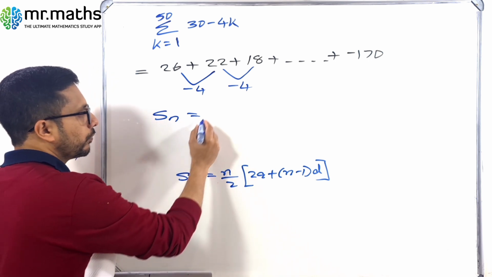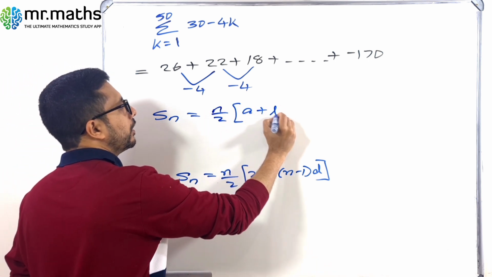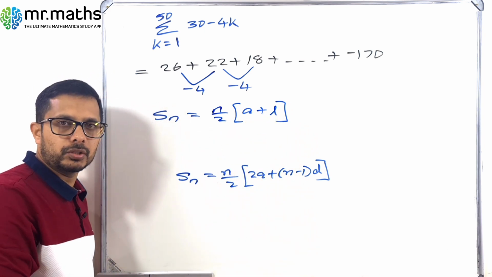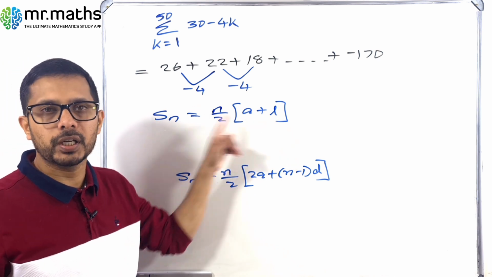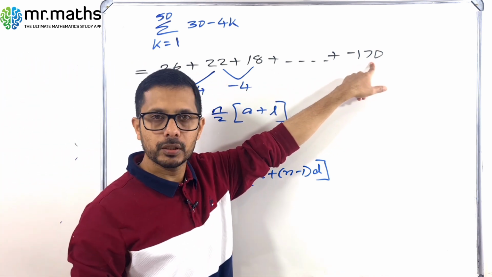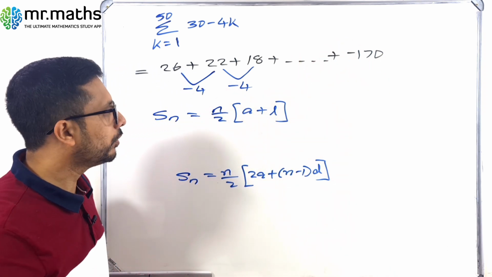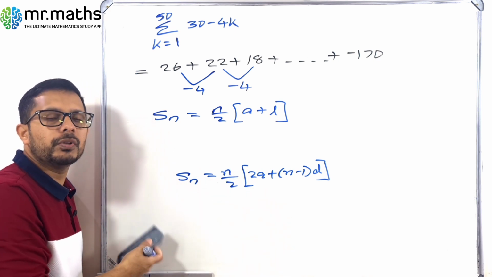What is that formula? n over 2 into a plus l. a and l stand for the first term and the last term. If we know the first term and last term, this is easy to find the answer. First term is 26 and the last term is minus 170. So we can use that formula. It doesn't mean that you can't use the other one; you will get the same answer.